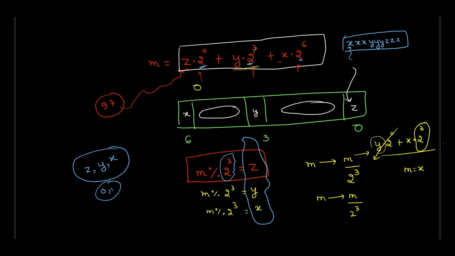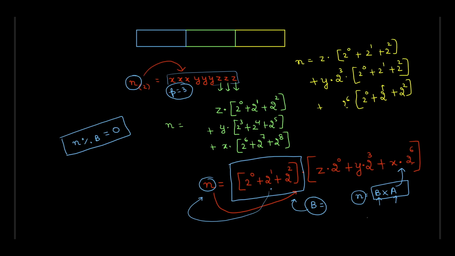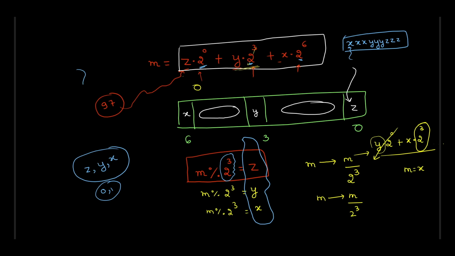So if any divisor that you have, like for n, if the divisor is equal to 97, you can repeatedly divide it by 2 to the power 3 and keep on collecting all the modulos, and then at the end verify whether all the modulos are 0 or 1.